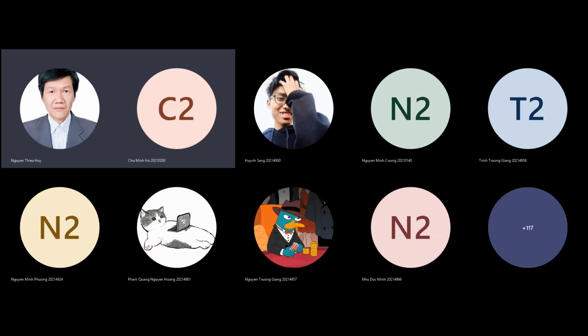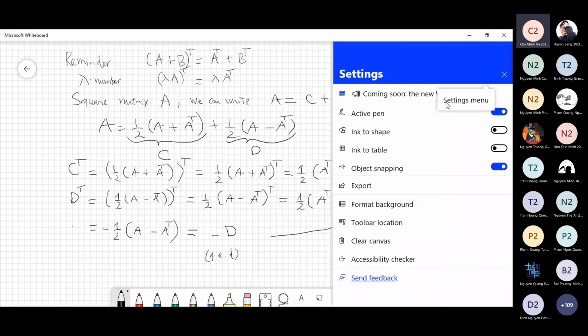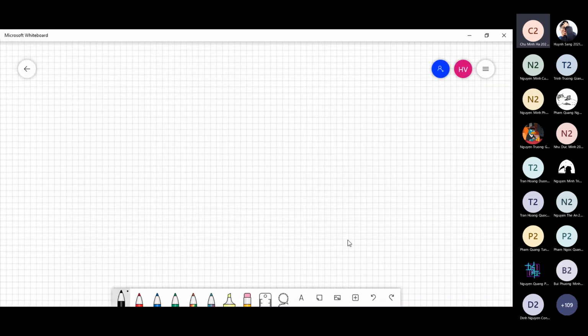Actually, we can write this in matrix form. Okay, so let me write the first equation.